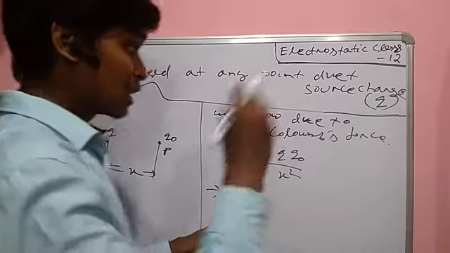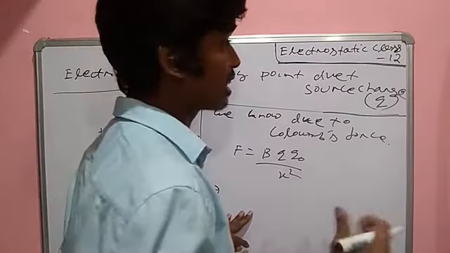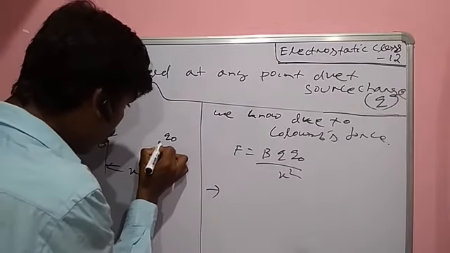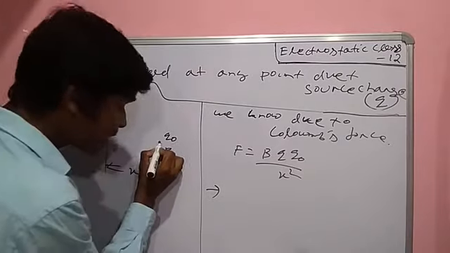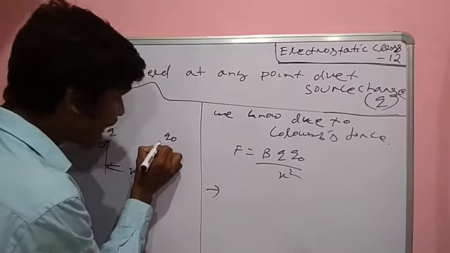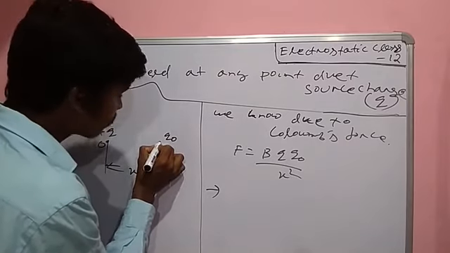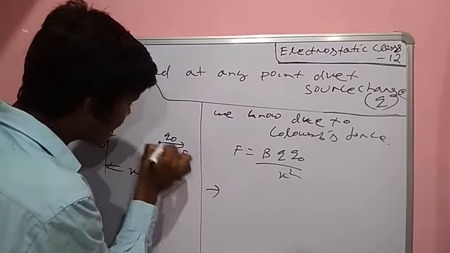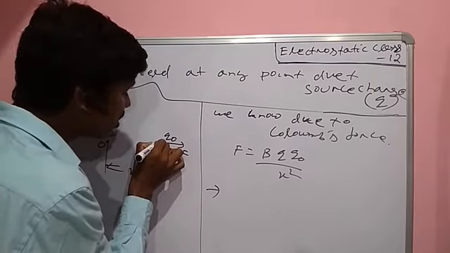But before this expression, in class 11 or class 10, we have already discussed the force exerted due to placing of a test charge at point P. What is the value of the force exerted on this test charge?